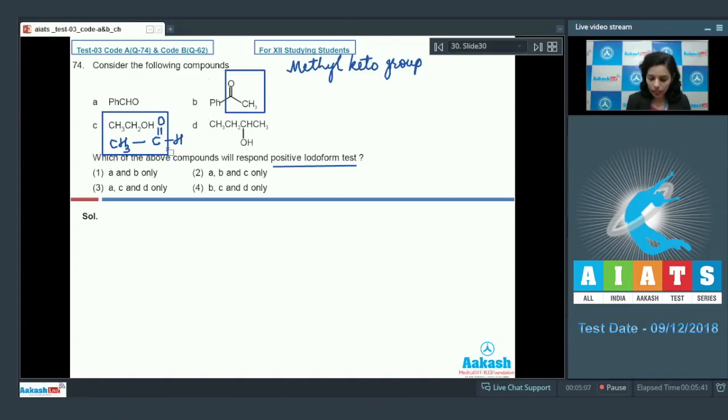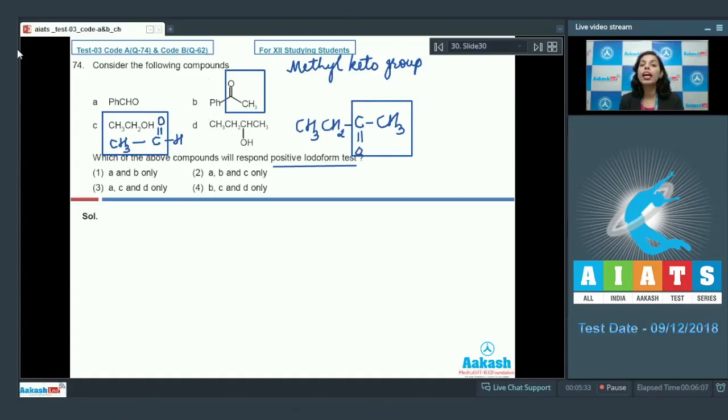Further, the oxidized product of this compound would be CH3, CH2, keto group, and then CH3. So it also contains keto methyl group. So we can conclude that all those compounds in which methyl keto group is present, or which on oxidation form another compound that has keto methyl group, will definitely participate in iodoform test.